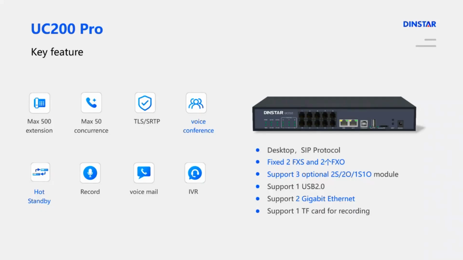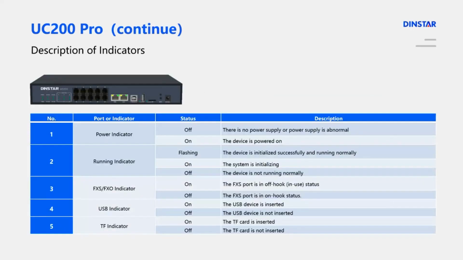It supports 3 optional expansion modules, like more FXS and FXO ports, to scale as you need. And here are the labeled indicators for the power, running status, FXS and FXO, and also the USB and TF. We can quickly check the system status at a glance.